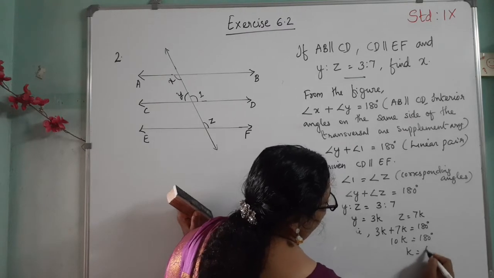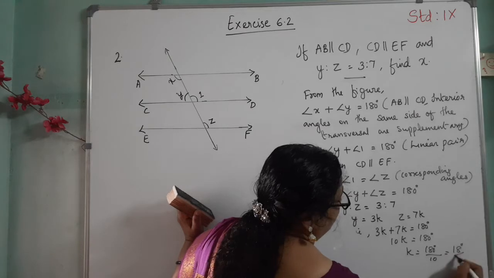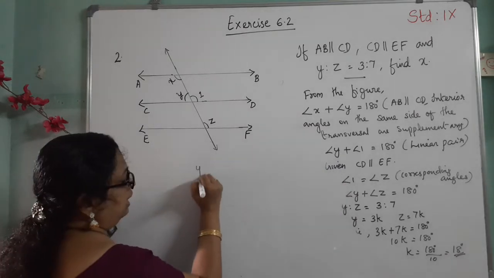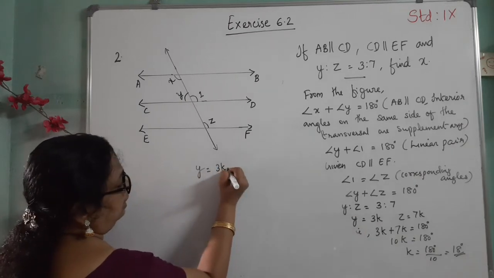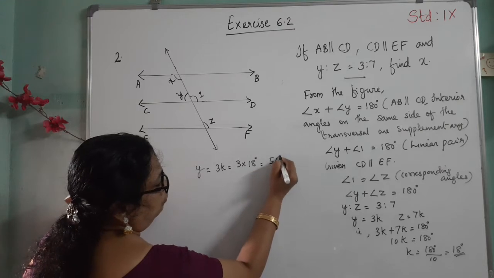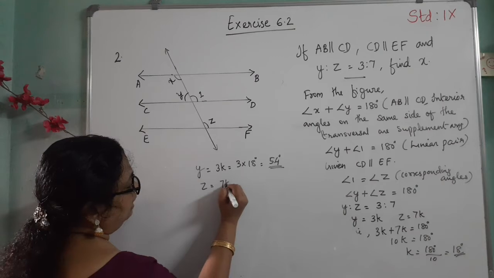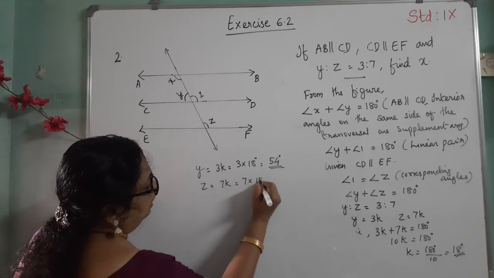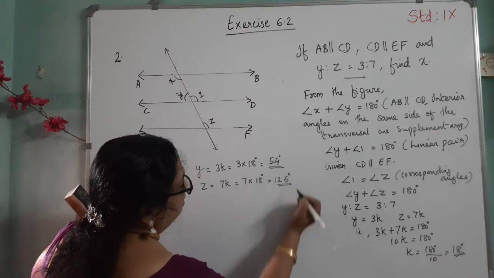So k equal to 180 degree divided by 10, that is 18 degree. So we can write y equal to 3k, that equal to 3 into 18 degree, which is equal to 54 degree. Then z equal to 7k, that is 7 into 18 degree, that equal to 126 degree.